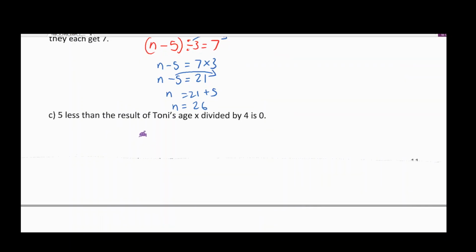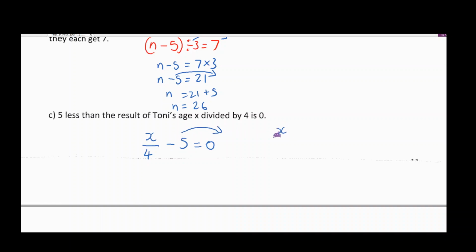Five less than the result of Tony's age x divided by 4 is 0. So first step, move this minus 5 to the other side.